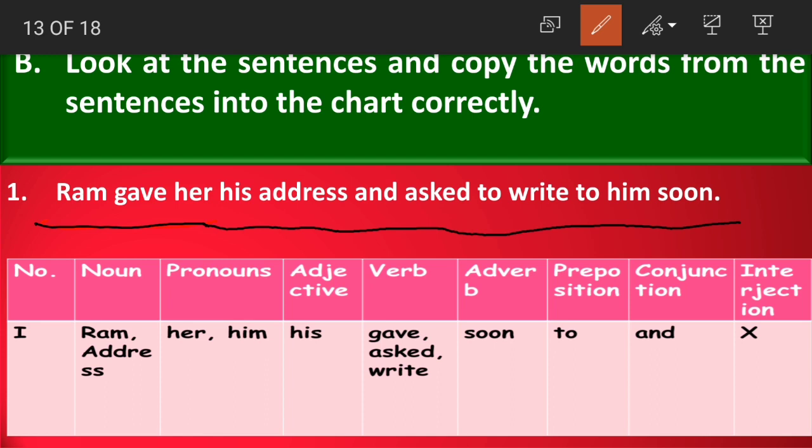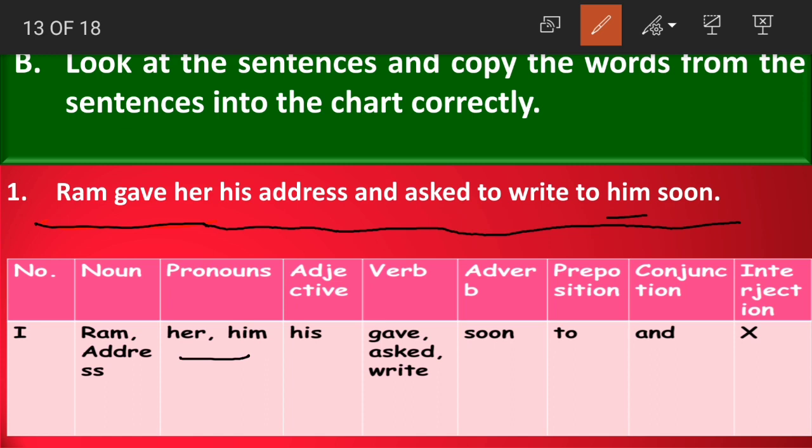In this sentence, Ram comes under noun, address, noun. Her or him: the word which is used instead of a noun is a pronoun.